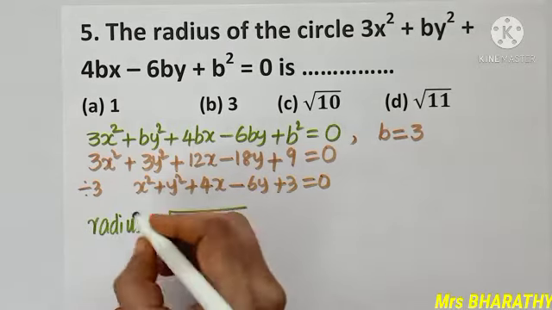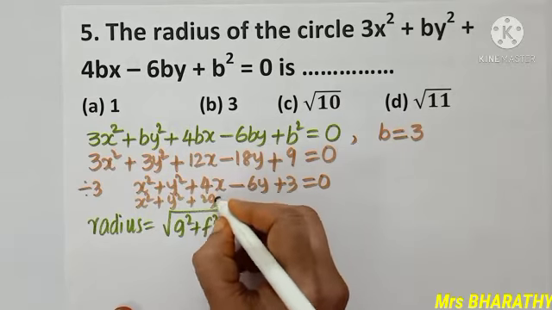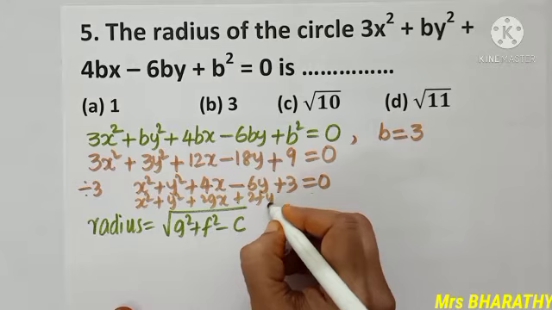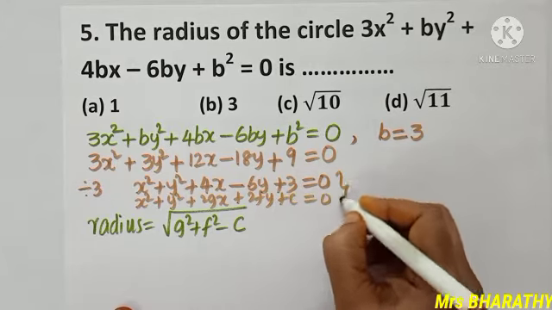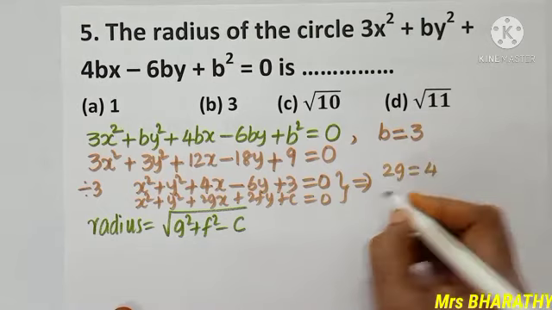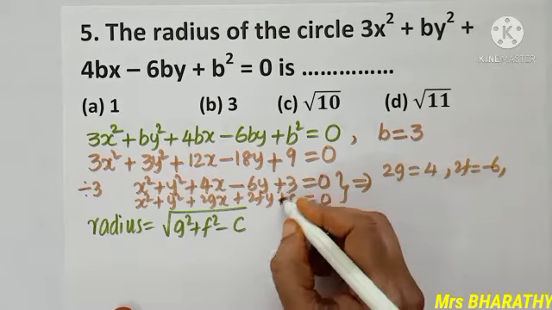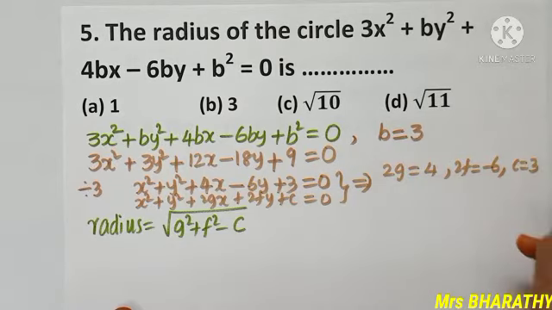As I compare with the general equation, x square plus y square plus 2gx plus 2fy plus c is equal to 0. I get 2g is 4, 2f is minus 6 and c equals 3.